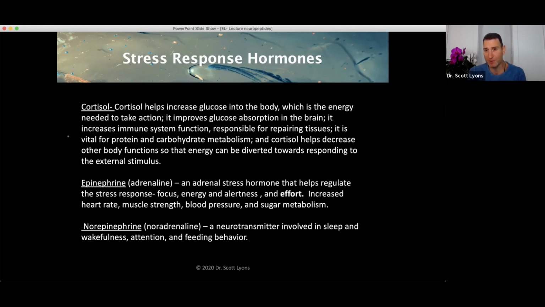So cortisol is helpful in saying, we don't need this function as much right now, so let's divert that energy to engage. I don't need to be sleeping right now when I'm watching a thrilling movie. I need to be engaging, so I won't have that energy expenditure working towards sleeping at the same time.